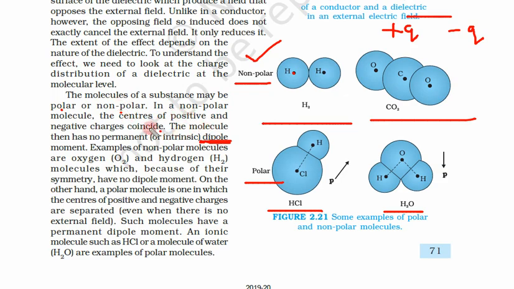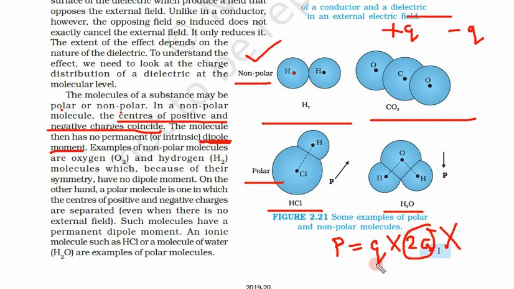So since there is no separation, or the centers of positive and negative charges coincide, the molecule has no permanent dipole moment. Also, you know, dipole moment is Q into 2a, and this 2a is 0. So dipole moment is 0.